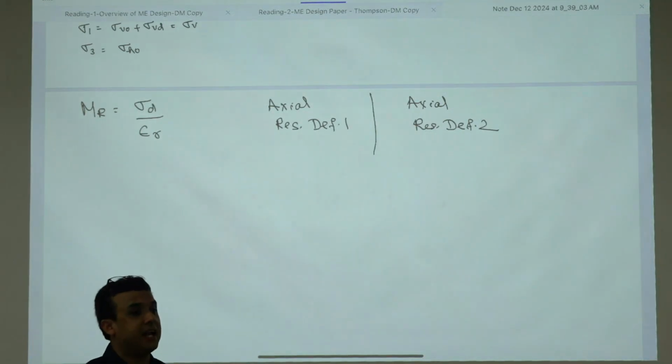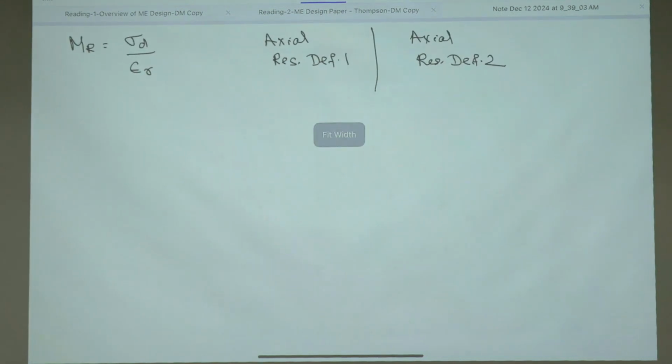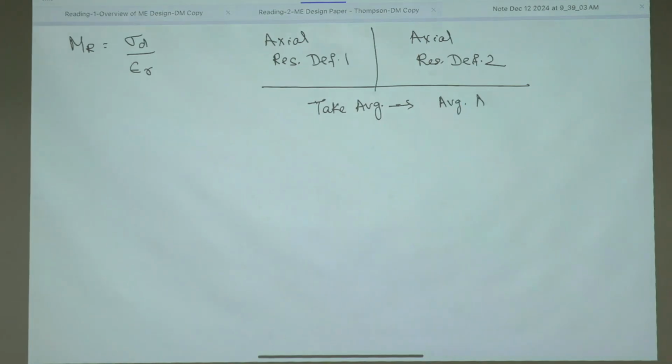Again, that is a granular material test, that is how it is. If it's exactly identical, you can actually question the data. There's something weird happening. Aggregates don't behave like plastic. So what you're going to do is take the average to determine the average axial deformation.